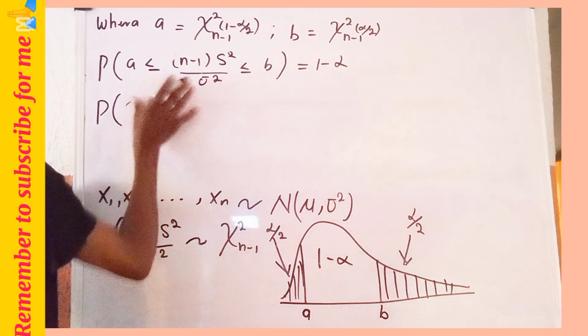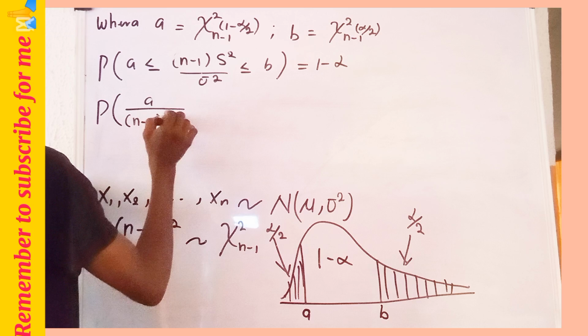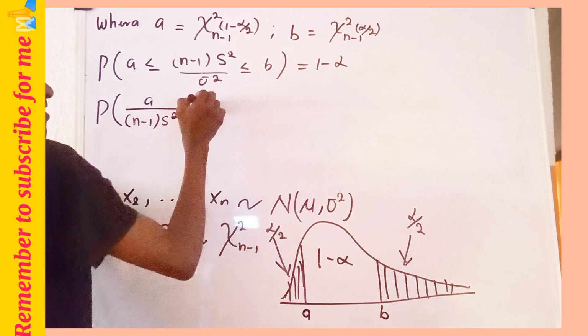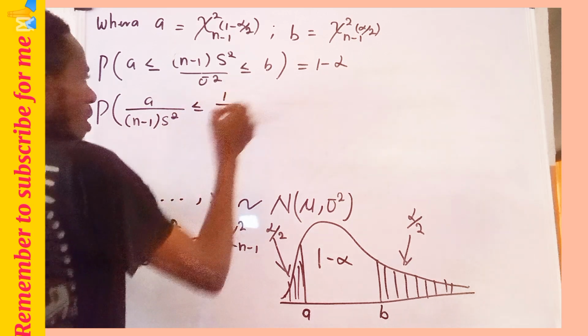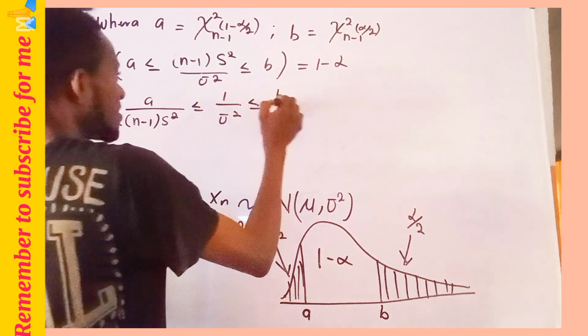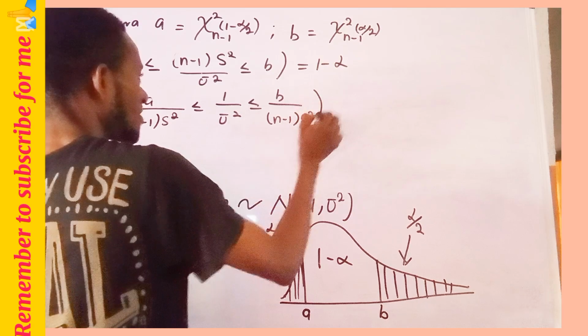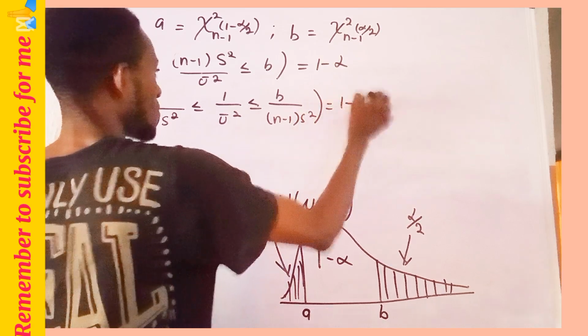So what I have here becomes A all over n minus 1 s squared, less than or equal to 1 all over sigma squared, which is less than or equal to B all over n minus 1 s squared, close the bracket. This equals 1 minus alpha.